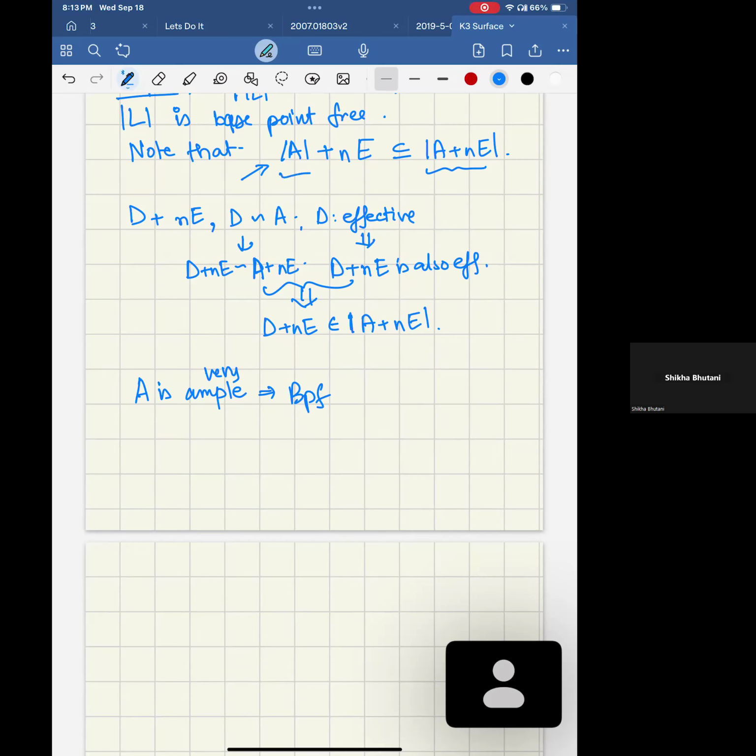Because it contains this translation of the vector space over here.